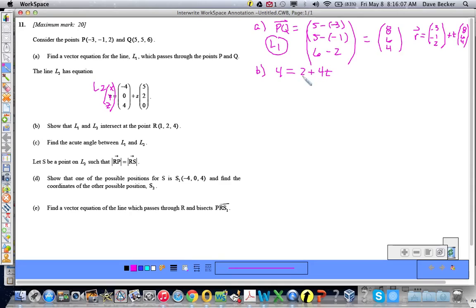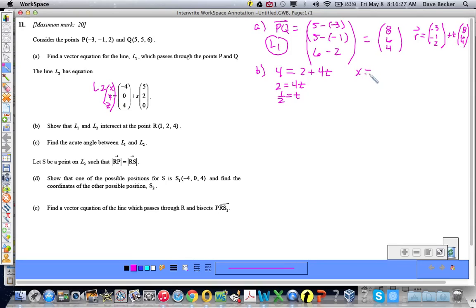Okay, and we solve that: 2 equals 4t, so t equals 1/2, which means I substitute back into the vector equation of the line that has the parameter t, and I can get my coordinates.